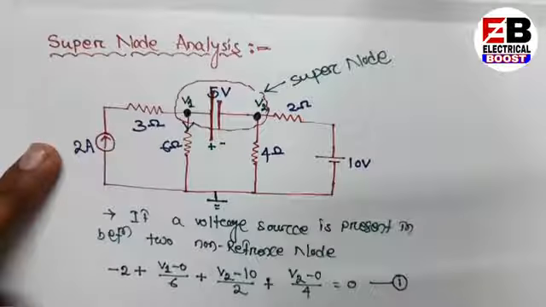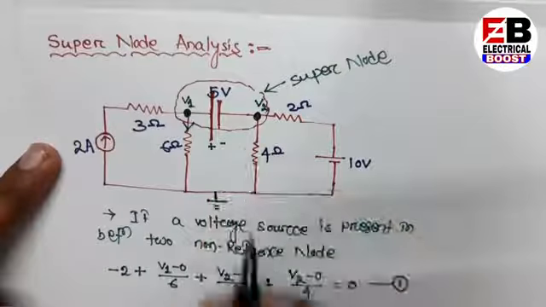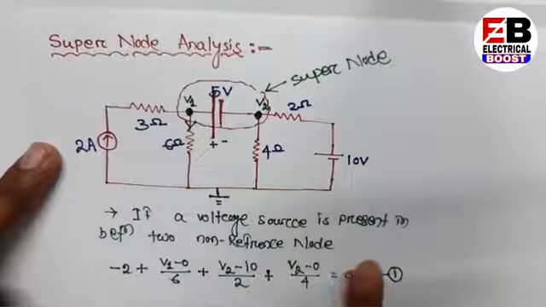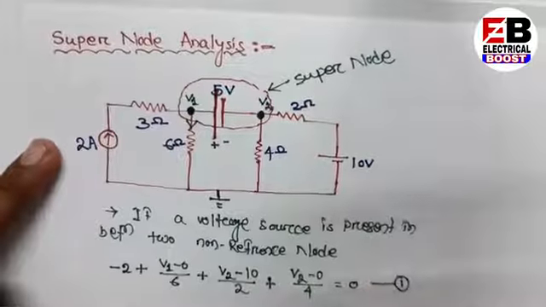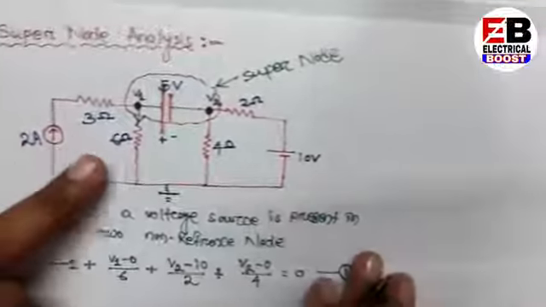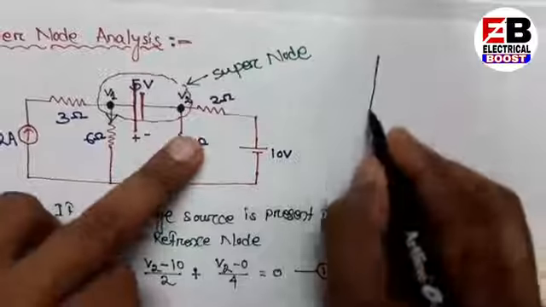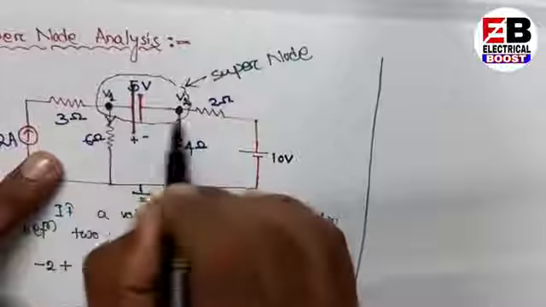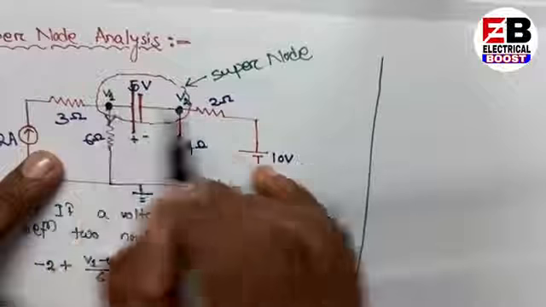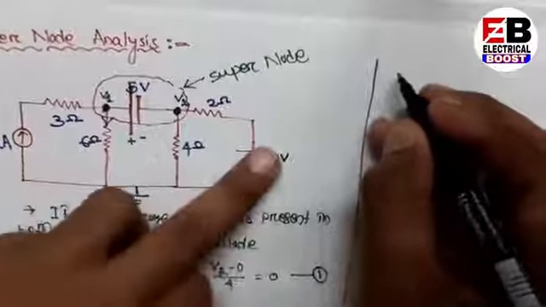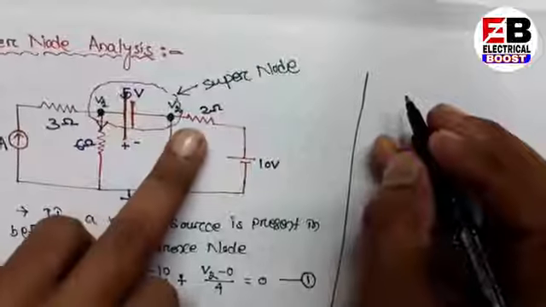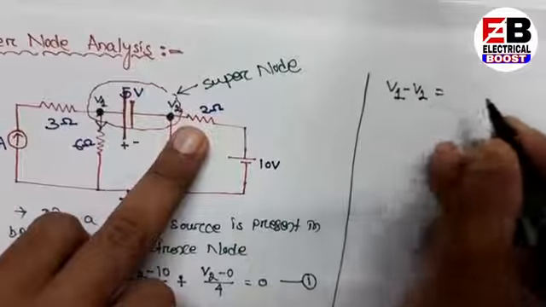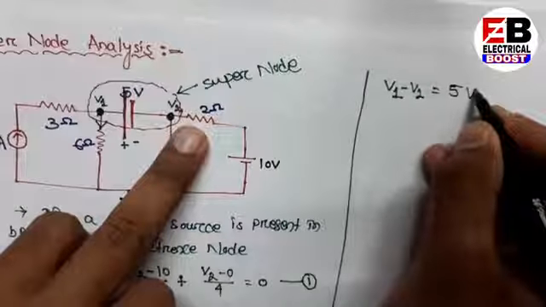Then we need to find our second equation, because there are two unknown quantities, so we need two equations. Our second equation is that we can apply KVL between V1 and V2. So in between V1 and V2, V1 minus V2 is equal to 5 volt.